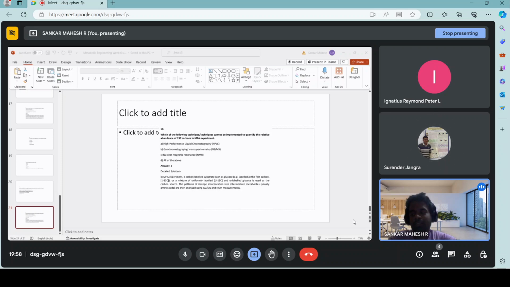So the constraints that you give for your flux balance equation for your solver, if you take them from experiments, then the solver can predict the fluxes, which would more or less match what is observed in the experiment. So it is considered quantitative, but one has to also ensure that whatever constraints are given match experimental data.